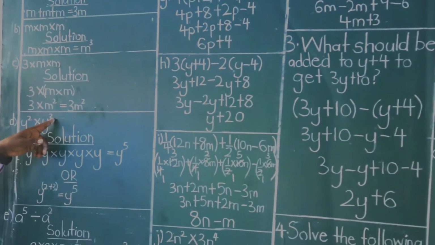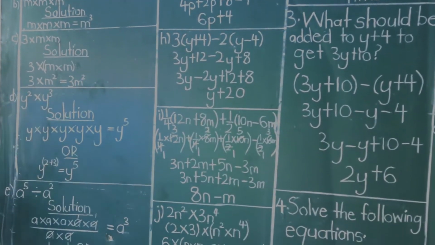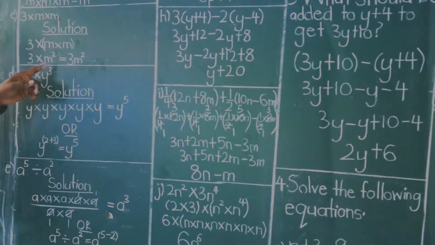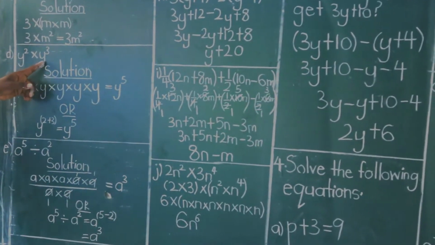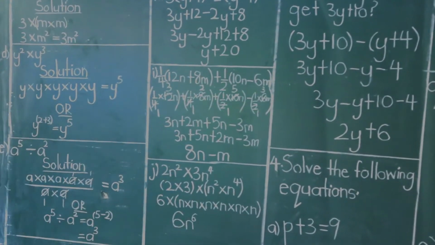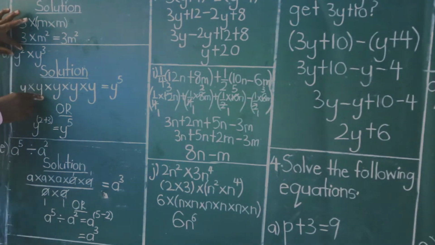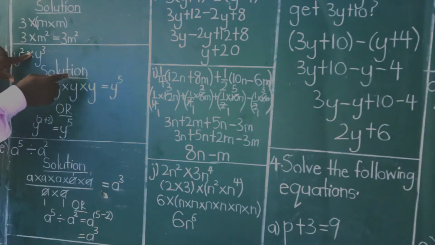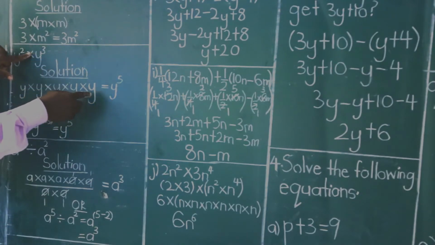This shows you the number of times y must be multiplied. So the first way of doing it is through expansion, that is y times y in place of y squared, times y times y times y for y cubed.